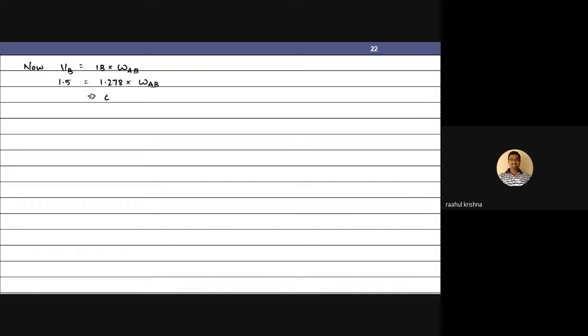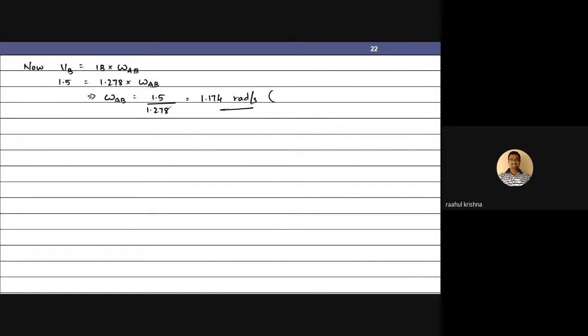So omega AB equals 1.5 divided by 1.278. This should be around 1.1 or 1.2. Omega AB I am getting as 1.174 radians per second.